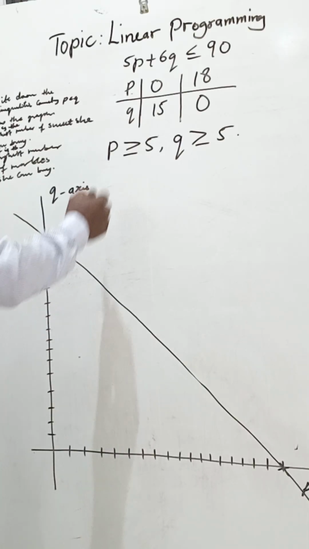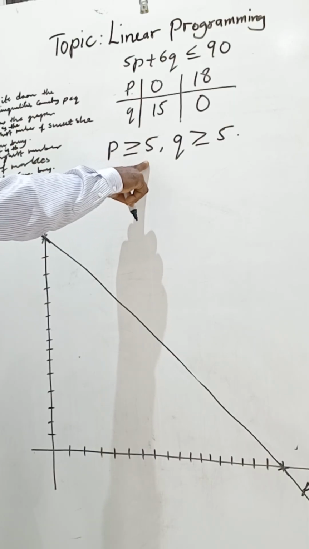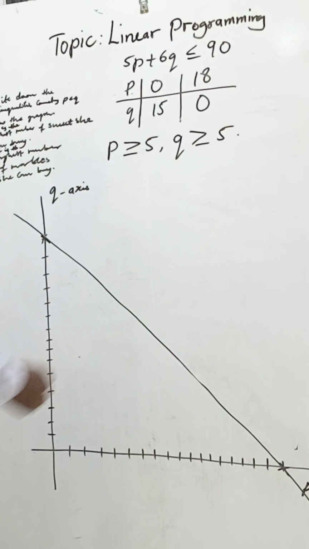Secondly, I will draw the graph of p greater or equal to 5. The graph of p greater or equal to 5 is a vertical line.